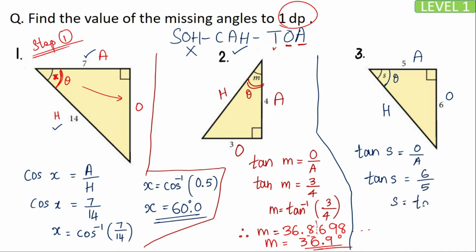S is tan inverse of 6 over 5. So use your calculator for the inverse tan function. The answer is 50.194. So to 1 decimal point, S is going to be 50.2 degrees. That's how you find the missing angle using the inverse trigonometric functions.